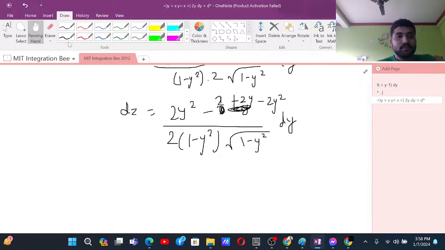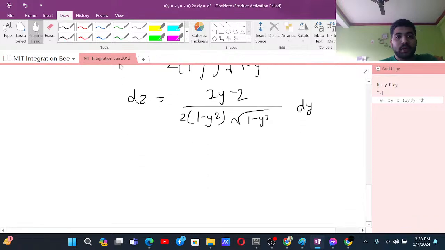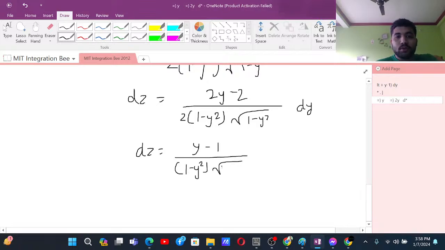Then dz equals, 2y square cancels out, so we have 2y minus 2 by 2 times 1 minus y square root under 1 minus y square dy. Now the 2 cancels out, and we'll have dz equals y minus 1 by 1 minus y square root under 1 minus y square dy.